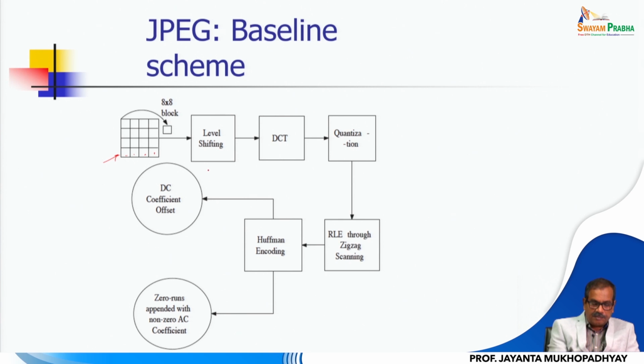The first operation on that block is level shifting, the DC shift, bringing the DC part to 0, and then you apply discrete cosine transforms, and then you do quantization of the coefficients. If you have an 8x8 block, you will have 8x8 coefficients, 64 if I linearize it.